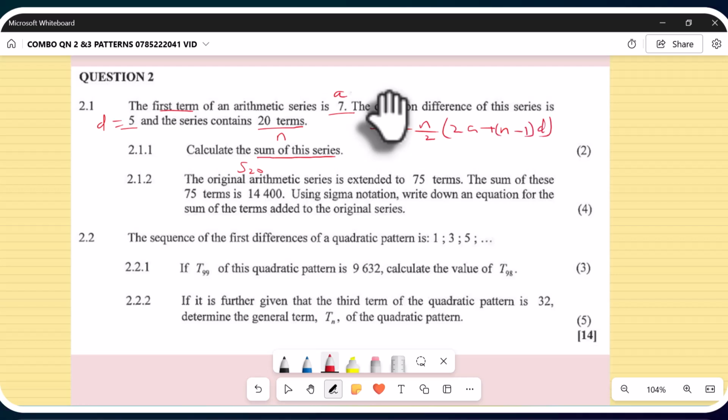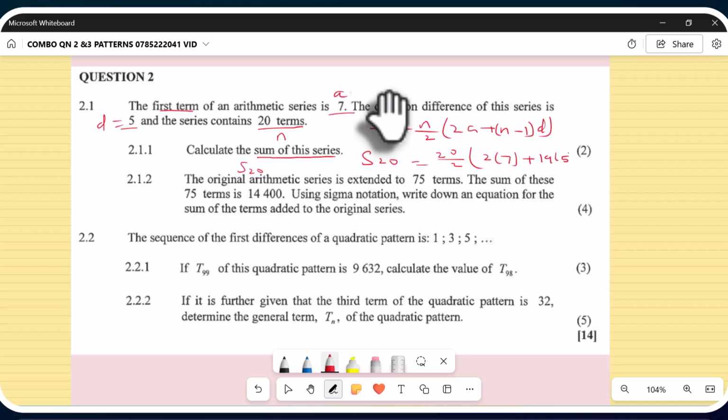So our S20 is going to be 20 over 2 into (2 times a, where a is 7, plus n minus 1, where n is 20, so 19, times the common difference, which is 5).